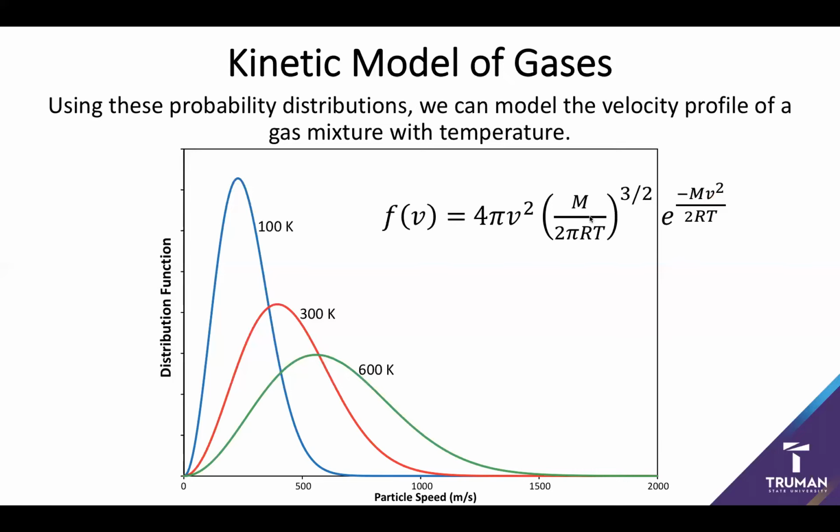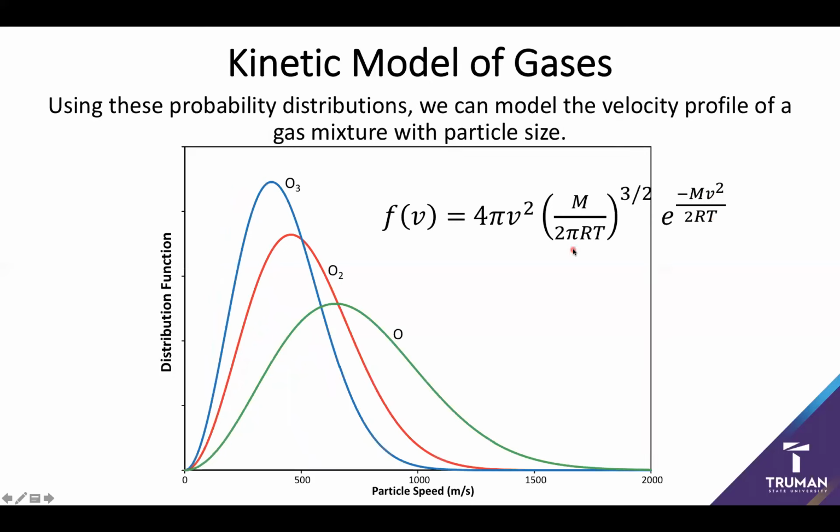The other important control we have is the identity of the molecule. It turns out that lighter molecules are going to be able to move a little bit faster. That's because the energy that I provide in temperature is going to go less to internal movements and trying to get the heavy molecule started, and more into straight speed.